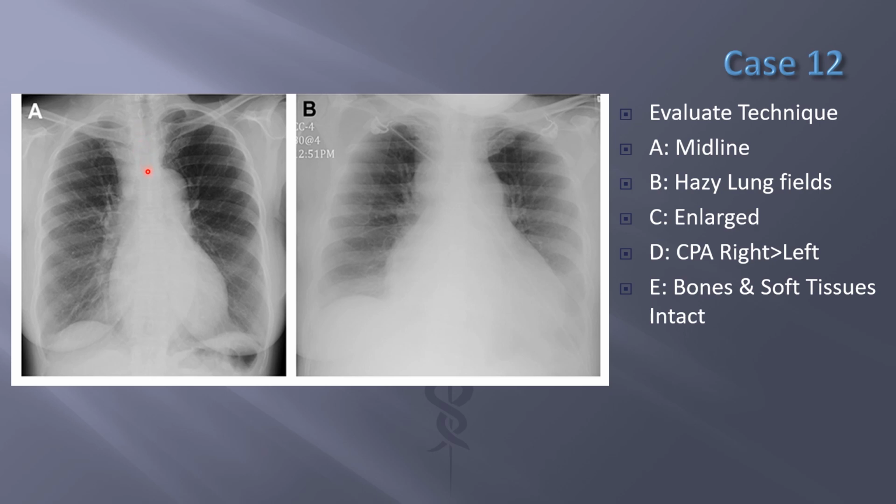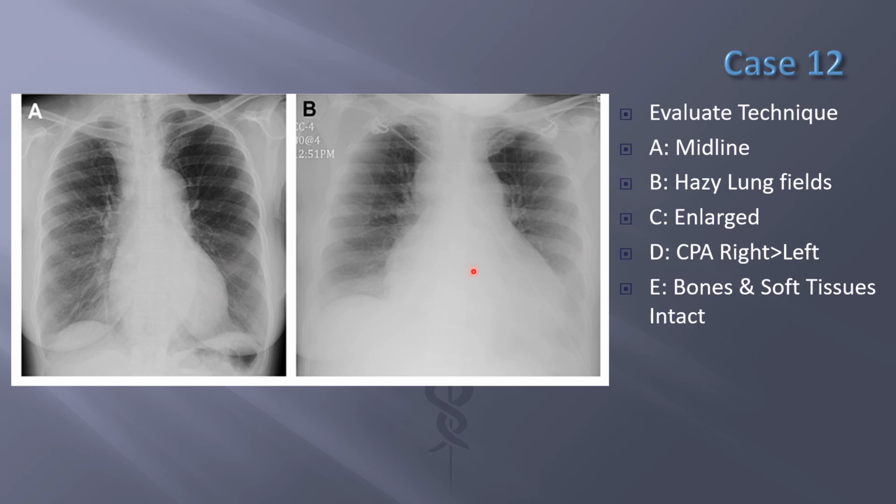Here, it's a little bit more difficult to see. I kind of lose the spine here. I can start seeing the spine up here, but we're outside the heart silhouette now. So very hard. And plus, it just seems more whited out here. So this might be an underexposed film versus this film. And these are the same patient, actually.